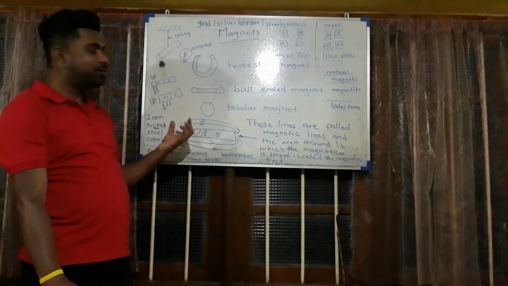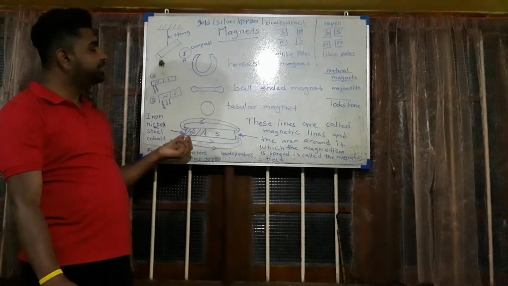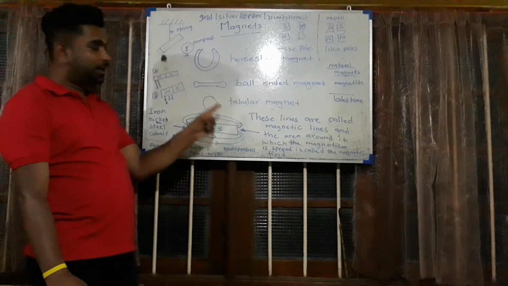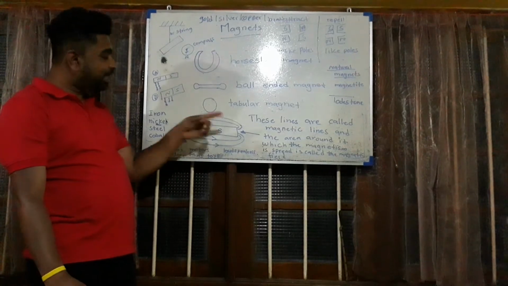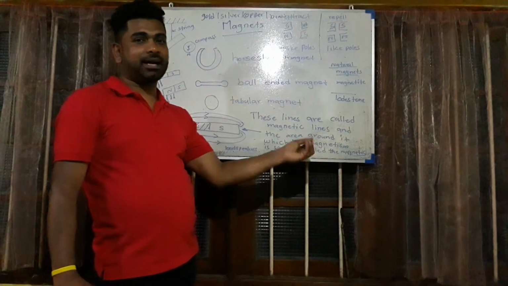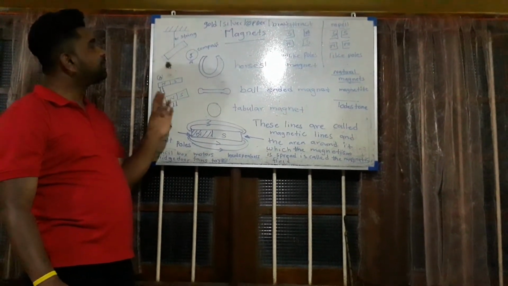The most powerful places of a magnet are the end places, that means the pole places. Around the magnet, the magnetism is very high. That area we call the magnetic field, right? And you can do some practical experiments.